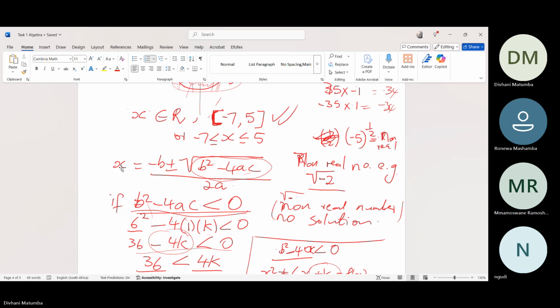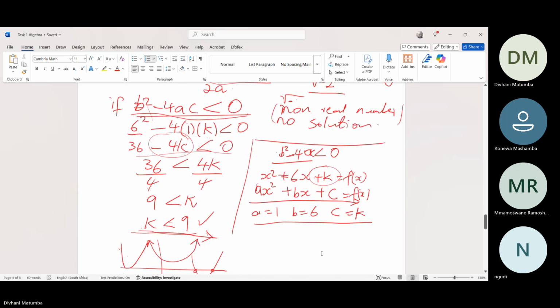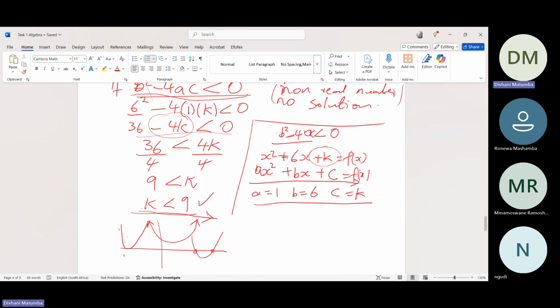Huh? That I don't know. Okay. Let me see. In order for us to have 2 solutions, b squared minus 4ac should be greater than 0.